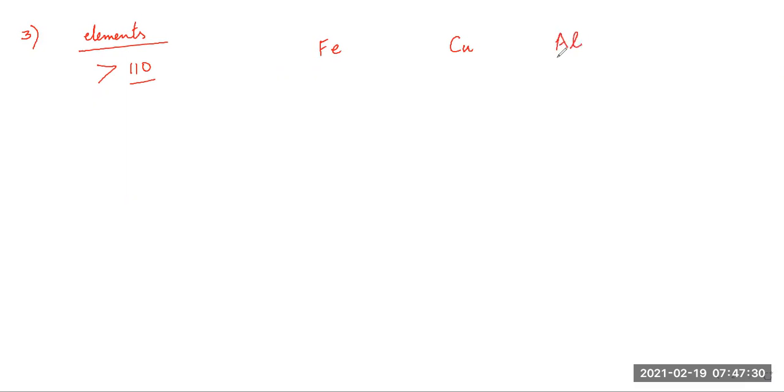Let's talk about these three elements, right? They all have their atoms. But now Dalton's third postulate says the atoms of different elements have different masses and chemical properties. Well, this is true. This is true till date.